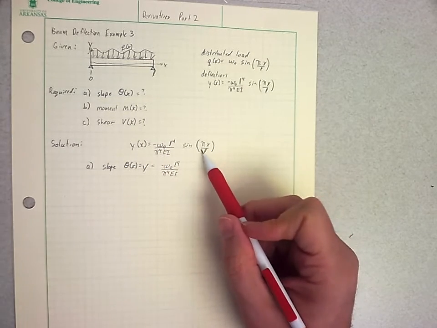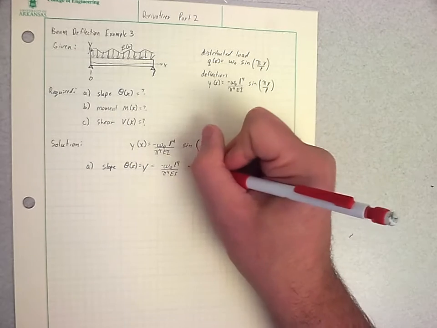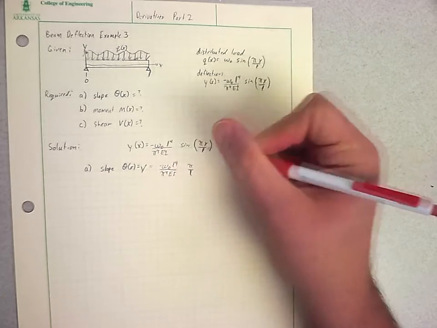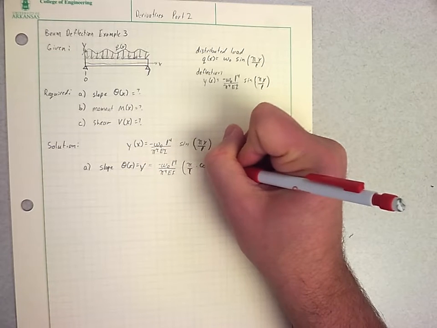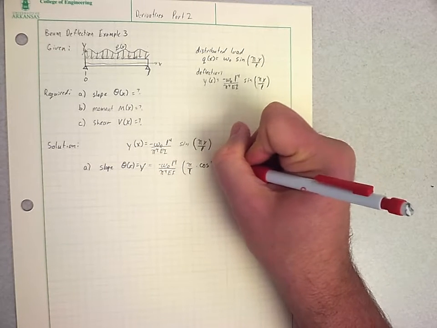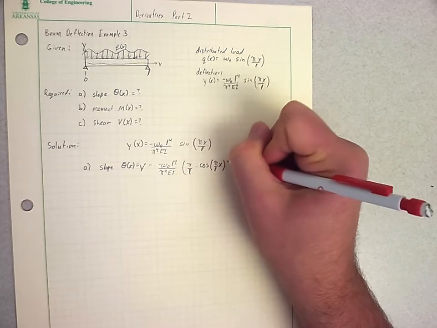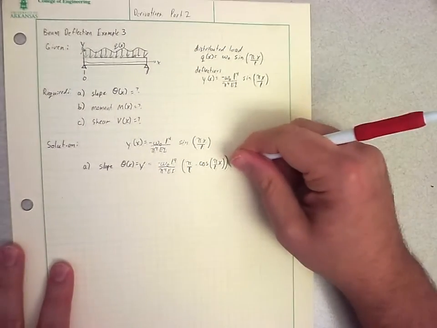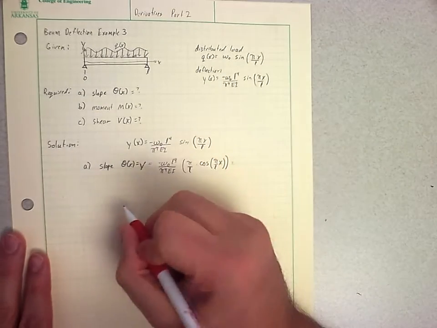When we take the derivative of sine of something times x, we multiply by that coefficient, pi over L, and the function changes from sine to cosine of that same expression inside. So we can simplify that a little bit.